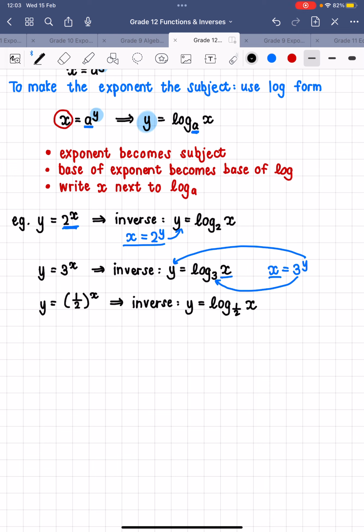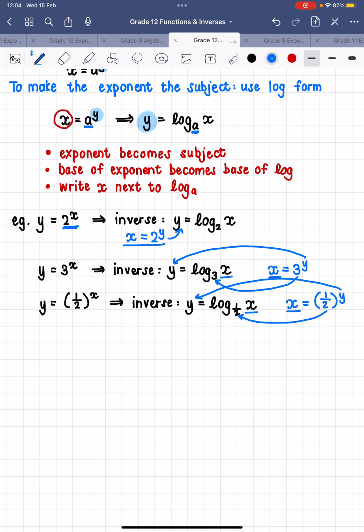So same exact thing, the base of your exponent is going to be the base of the log. Again, it comes from this. If we were to swap the x and y around in our equation, we would get x equals a half to the y, in which case the exponent becomes the subject, the base of the exponent becomes the base of the log, and we write the x last.